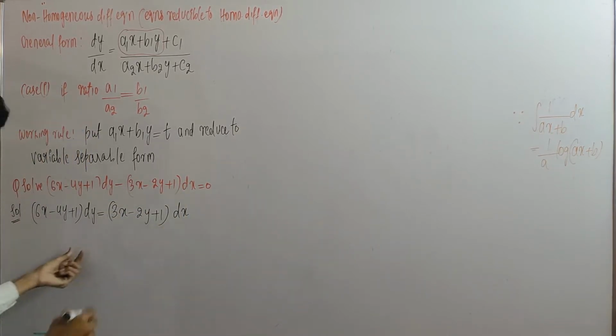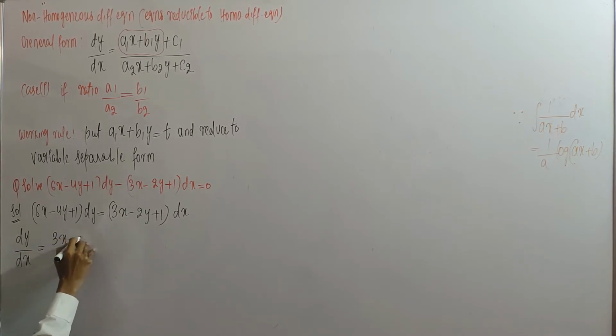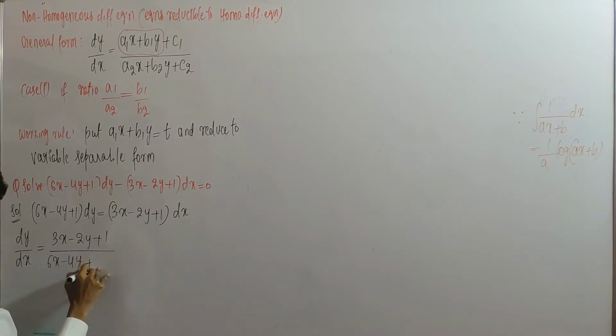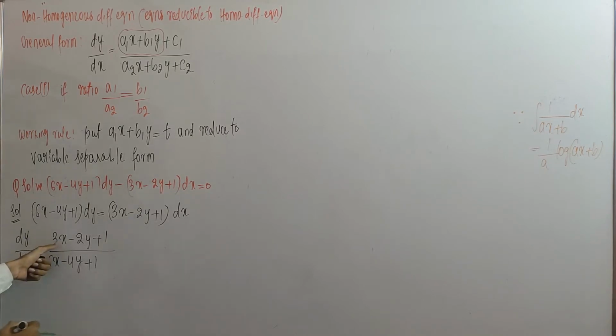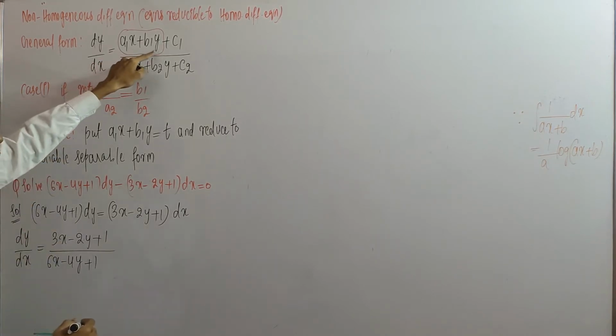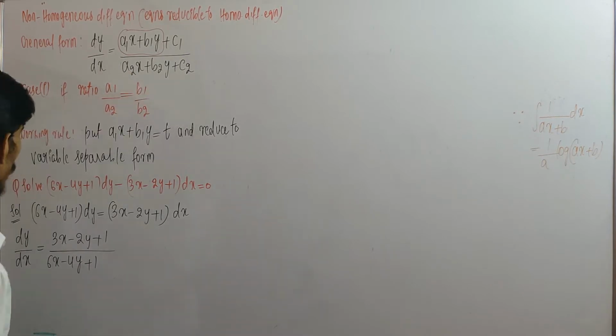Now divide by dx. Here I have dy by dx is equal to (3x minus 2y plus 1) upon (6x minus 4y plus 1).